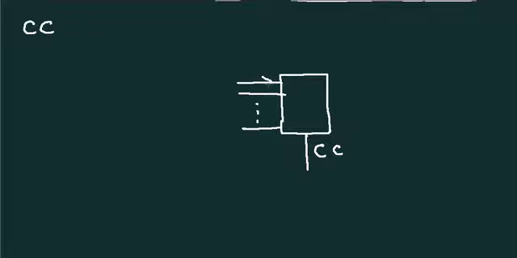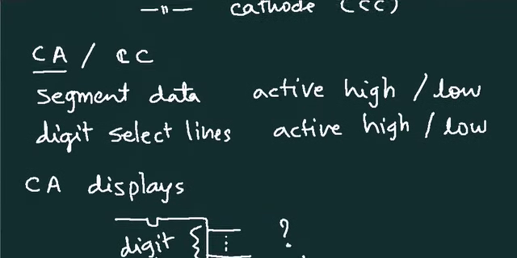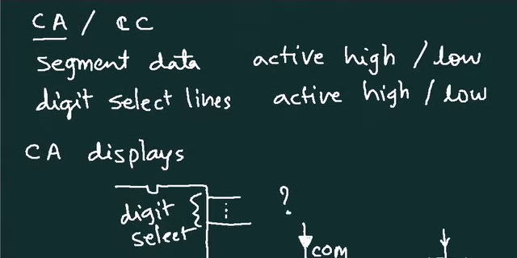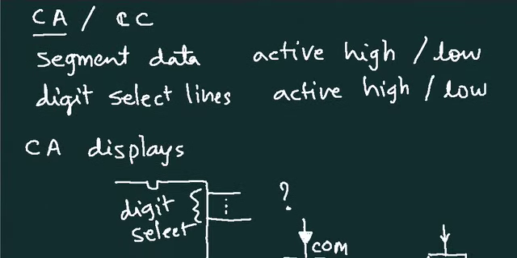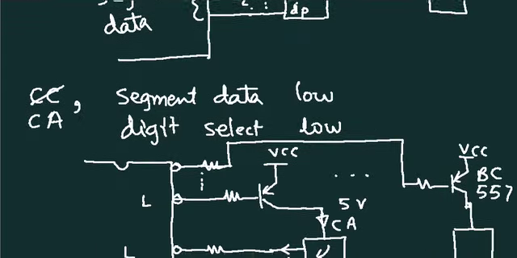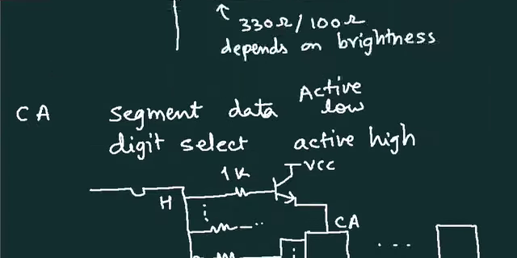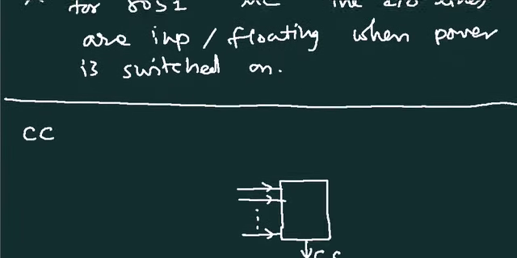So, the current has to come in here, and then the total current has to come out from the common terminal. This is how it is. So, the first case, whatever we had considered here, let us take the same case here, segment data active low. First case was segment and digit low. So, let us take that case.